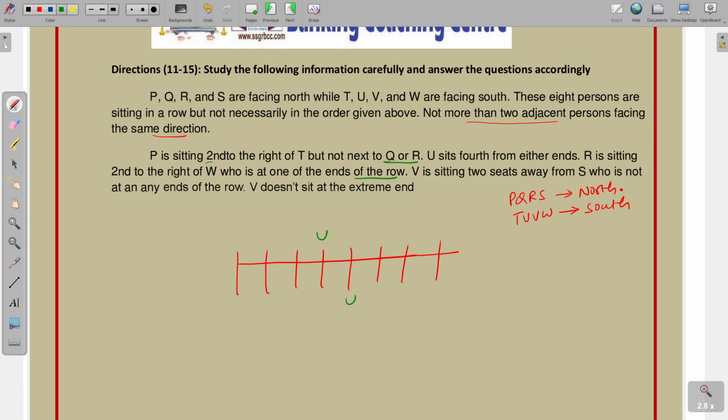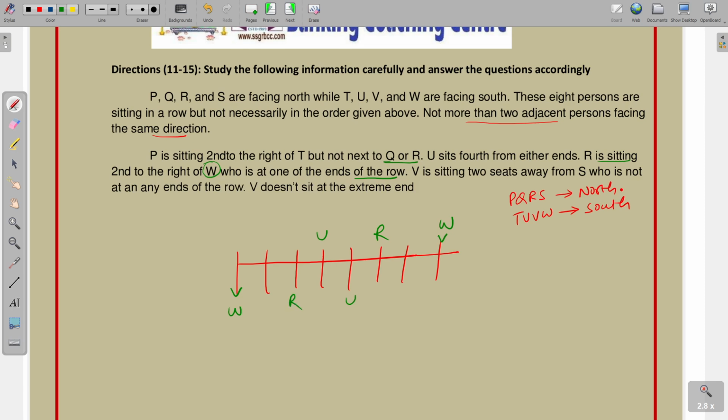Actually W is facing south direction, and also W is sitting at one of the ends, and R sitting second to the right of W. Suppose if W is here, W facing south, R is facing here.